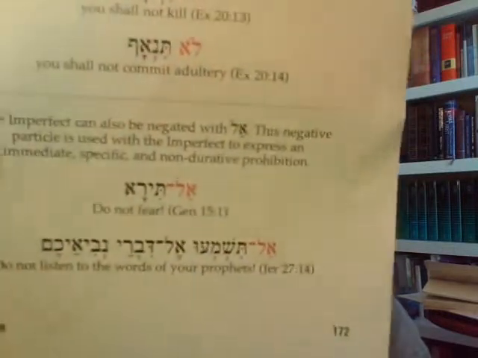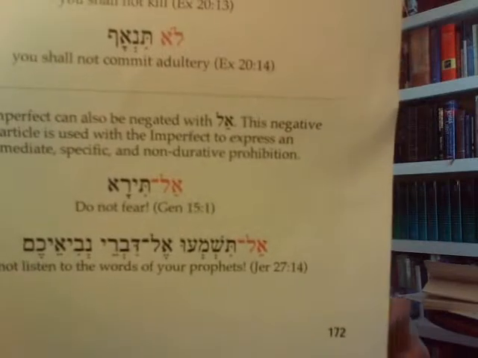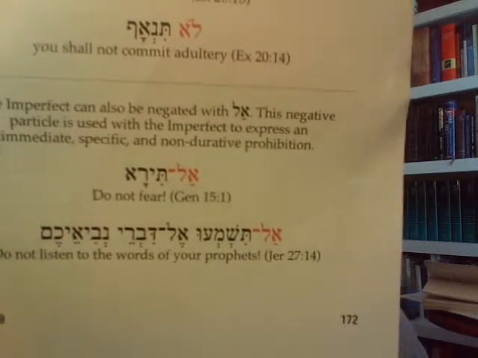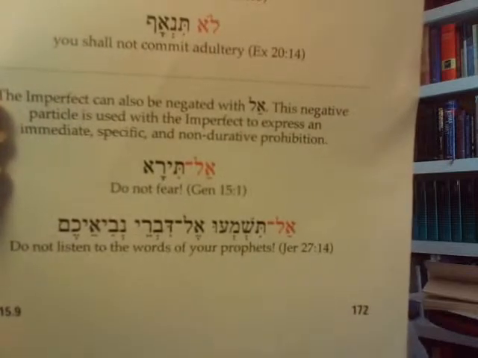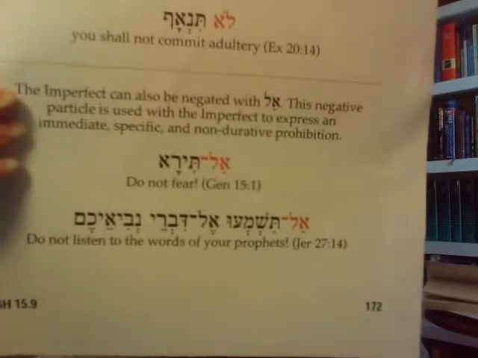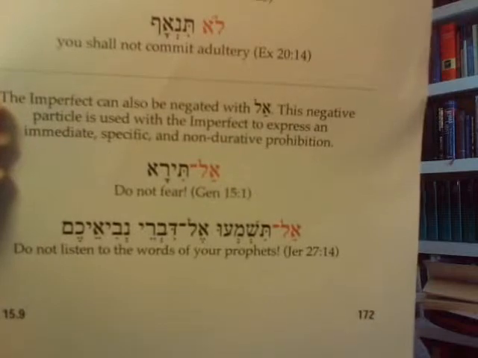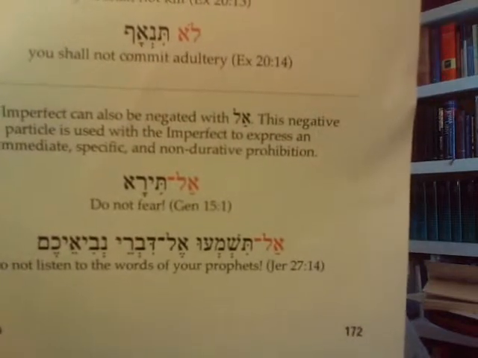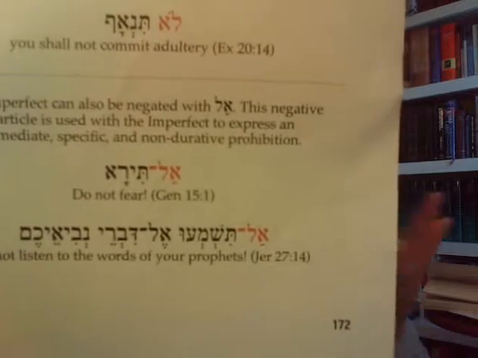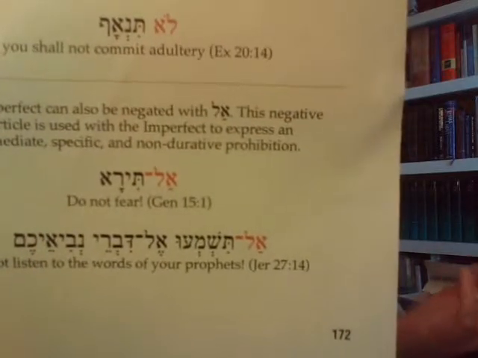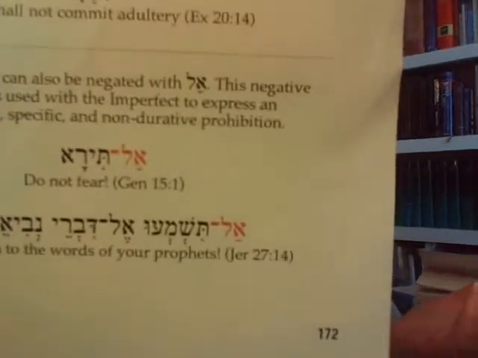And when you see al, it means do not fear in this particular situation or specific or immediate moment, or do not listen to the words of your prophets in this particular case. That's going to be noted with al. So lo, translated no, is no in an enduring way, and al is no in an immediate and sometimes temporary or specific situation.